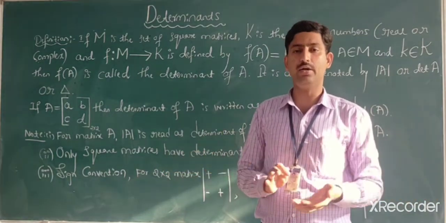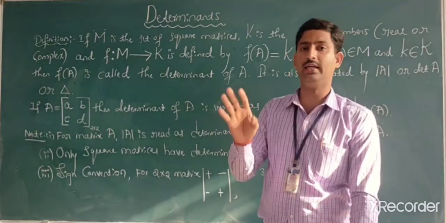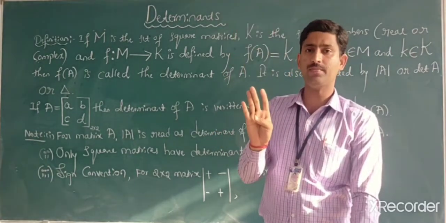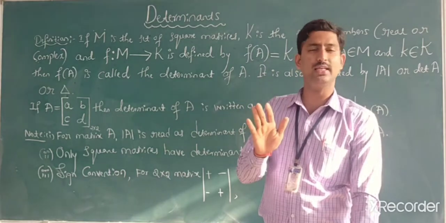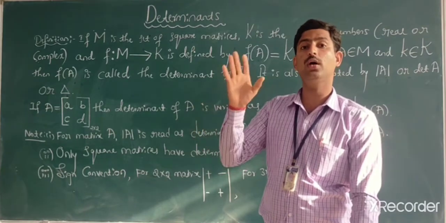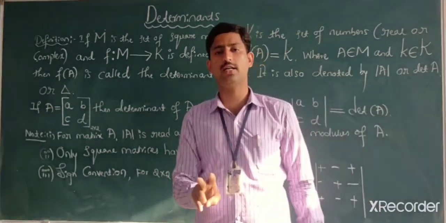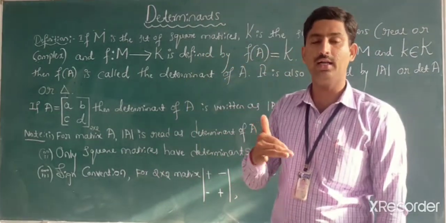In your study, only two square matrix orders are very important. One is of order 1 cross 1, which is sometimes a number itself. Therefore, leaving 1 cross 1, better you go with 2 cross 2 and 3 cross 3. These are the two important orders for our ongoing classes.